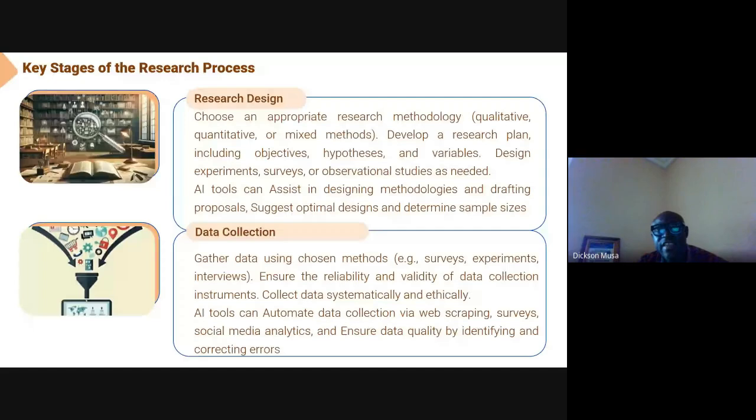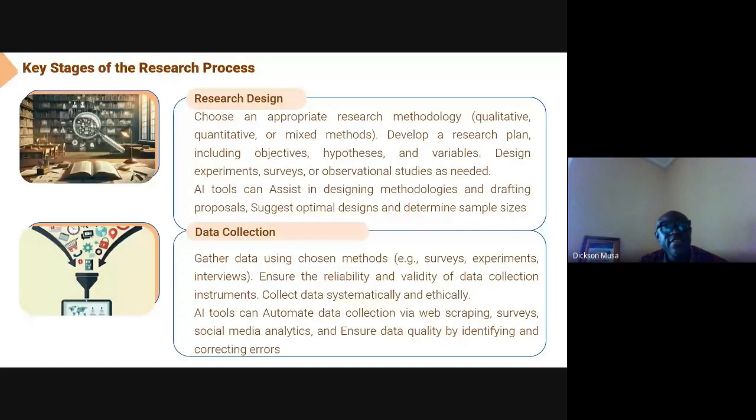Then you design experiments, surveys, or observational studies that can help you achieve your objectives. There are AI tools that can assist in designing methodologies, drafting proposals, suggesting optimal designs, and determining the sample size you are supposed to use that will be appropriate for your study.